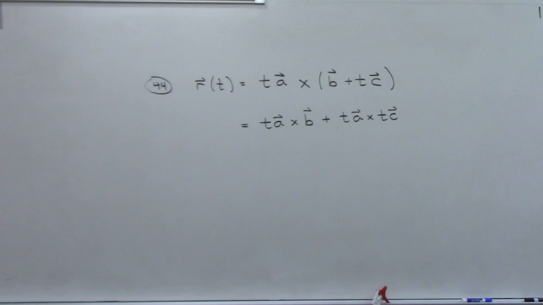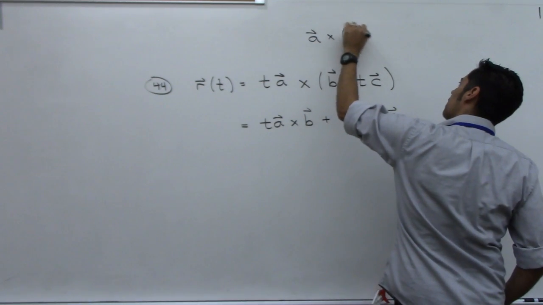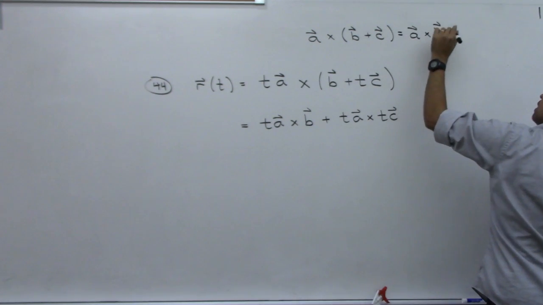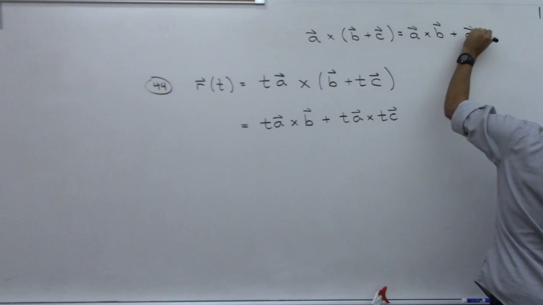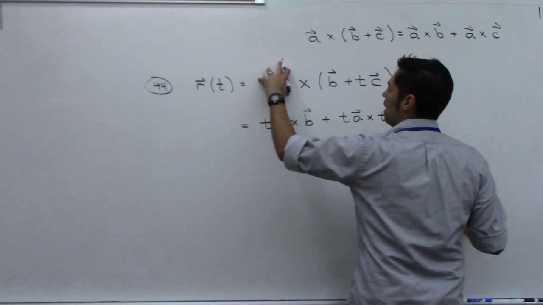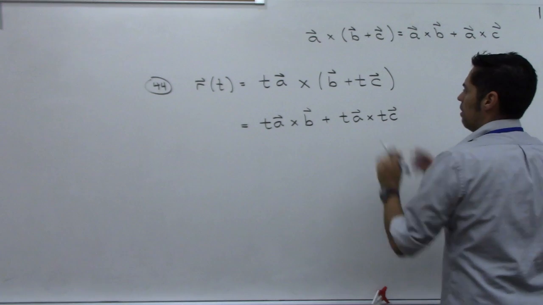This was cross product, so this is way back in the day. There we go. This is property 3 on page 562. So we know that A cross B plus C equals A cross B plus A cross C. That's what I'm doing here. So I'm treating this whole thing as A, and I'm crossing it with B there, then A, and then crossing it with C there. All right.